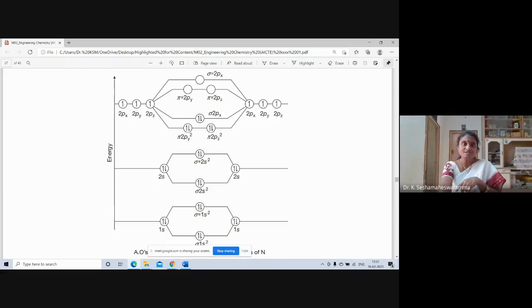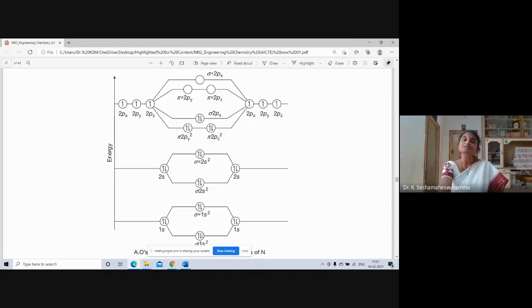This is the atomic orbital of one nitrogen: 1s2, 2s2, 2p3, 2px1, 2py1, 2pz1. Same thing for the other nitrogen atom. While combining the 1s orbital of one nitrogen atom and the 1s orbital of the other nitrogen atom, it gives 2 orbitals.